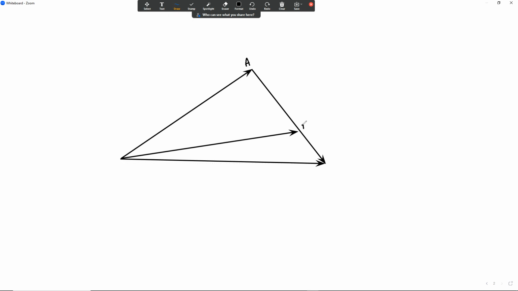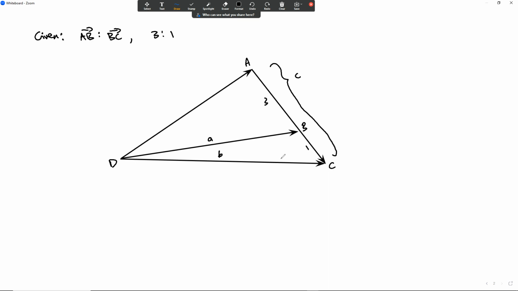So this is A, B, C, D. I'm told that this is A, this is B, and this whole vector over here is vector C. We're also given that AB as a ratio to BC is 3:1. That means this is 3 parts and this is 1 part.